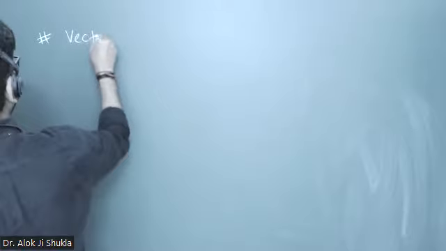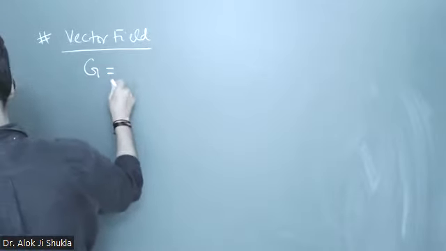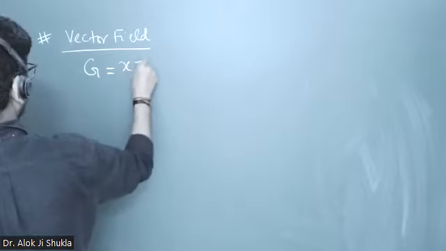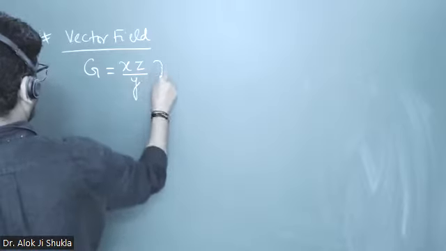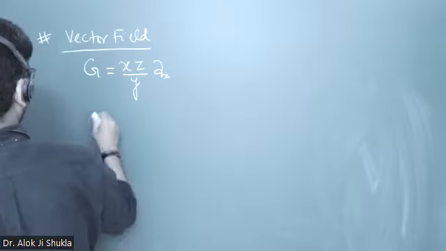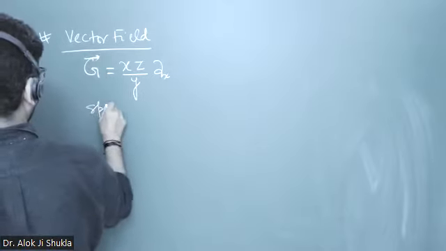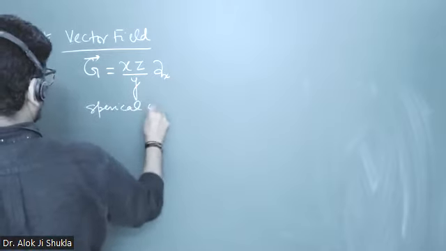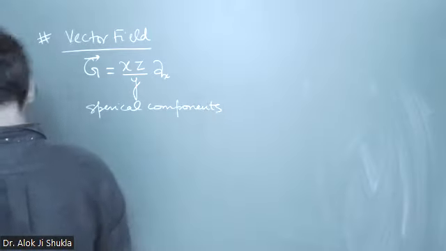The vector field is like this: G is equal to XZ by Y AX. And I have to write it in spherical components. So this is a vector field.